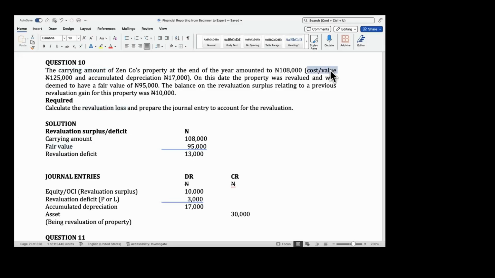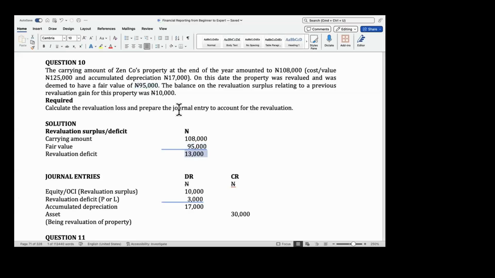So they want to see which one you're going to use. Always use the carrying amount, which they have already given us as 108. Compare that with the fair value, which they give us as 95. Since the fair value is lower in this case, we are having a deficit of 13.